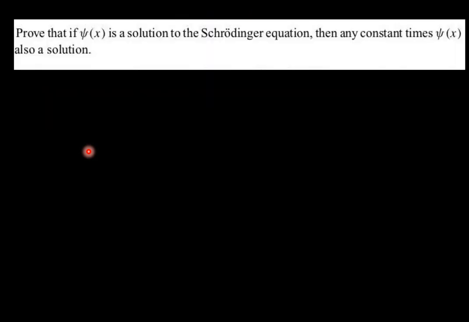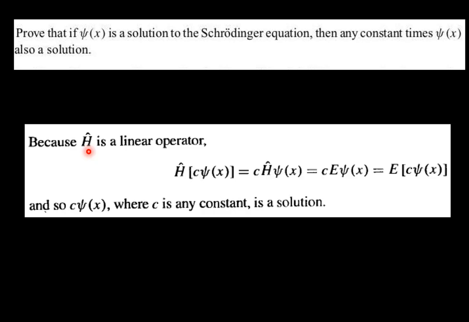Well, let us have a problem for linearity, and then we will go for Hermitian. Prove that if psi(x) is a solution to the Schrodinger equation, then any constant times psi(x) is also a solution. It's rather simple. If H is a linear operator, then we know that H(C psi(x)) is C H psi(x).